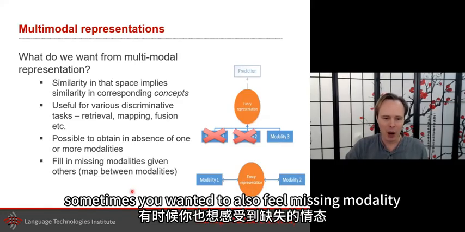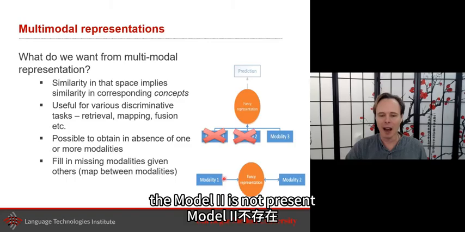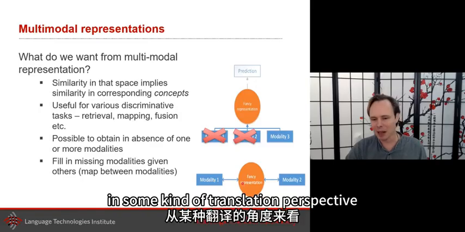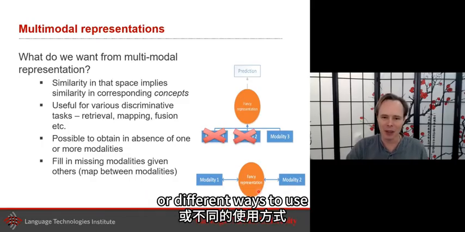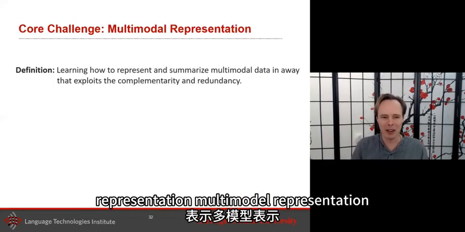Sometimes you also want it to fill in a missing modality. So even though modality 2 is not present, you may be able to use that multimodal representation in some kind of translation perspective. So these are different applications, or different ways to use multimodal representation.